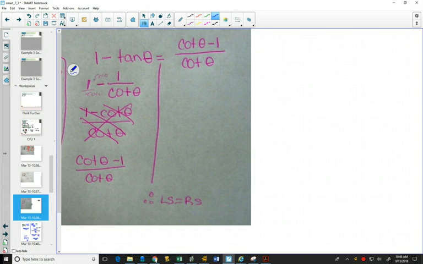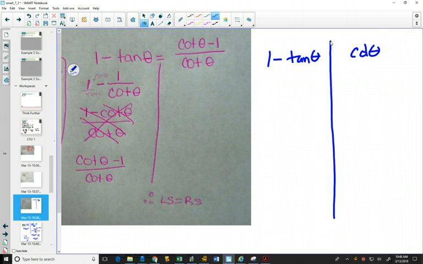can think of for this one, cotangent theta minus 1. Okay? I'm going to take this whole side and multiply by, change it to black so you can see it better.